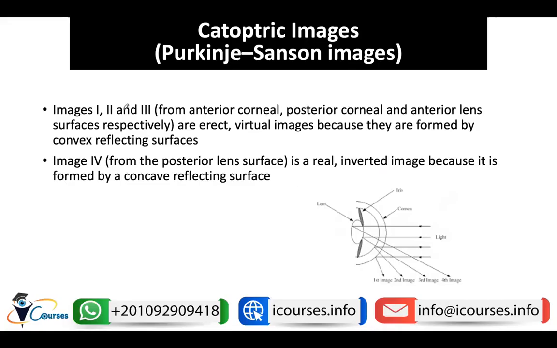Images 1, 2 and 3, present at the anterior corneal surface, posterior corneal surface, and the anterior lens surface, are all erect and virtual images because they are formed by a convex surface. On the other hand, the one at the posterior lens surface is real and inverted because it is formed by a concave reflecting surface.